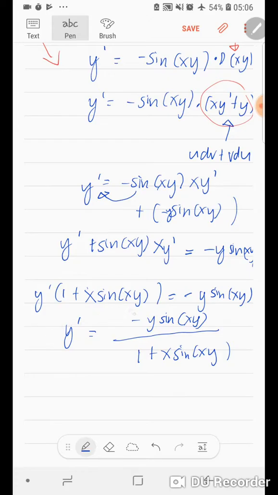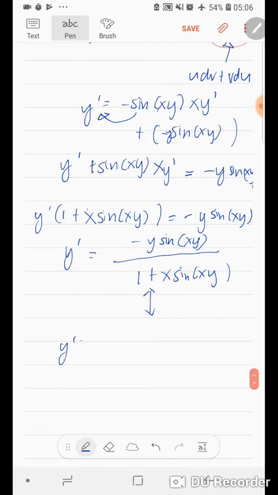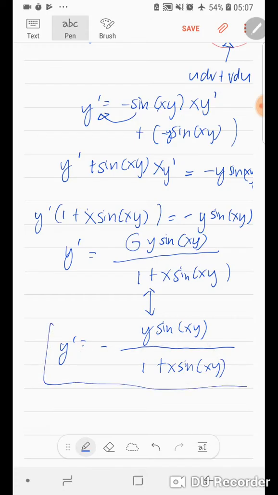So this would already be the final answer, but since we want the negative sign to always be in the middle, it would be negative y sine of xy over 1 plus x sine of xy, and this will be your final answer for your implicit differentiation.